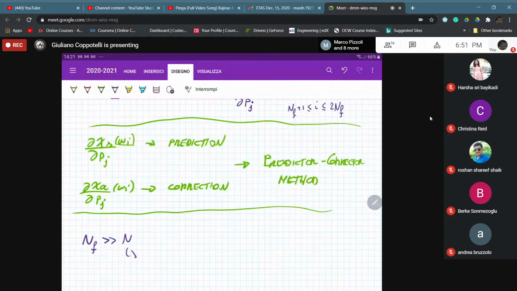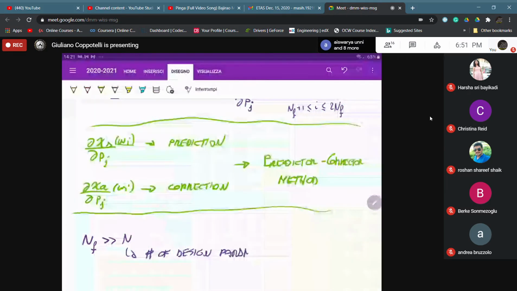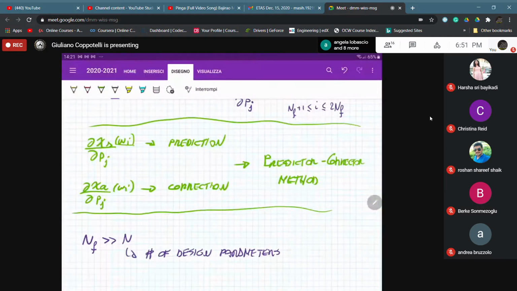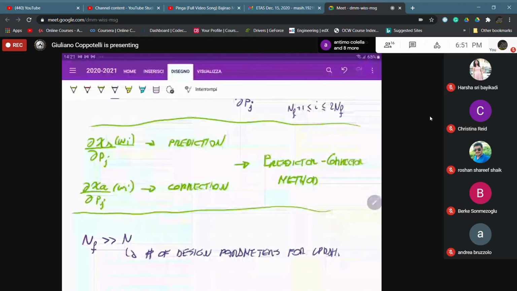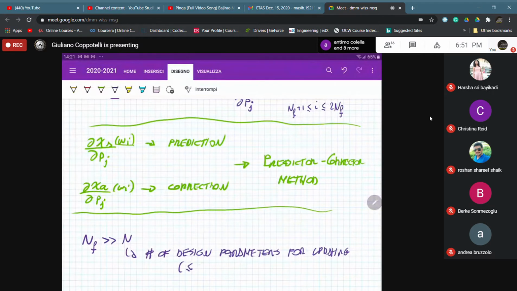The number of design parameters should be less than or equal to twice the number of elements, of course.